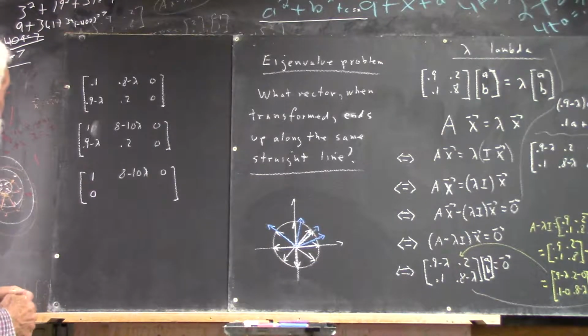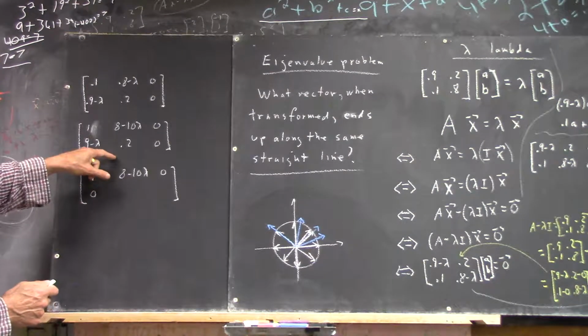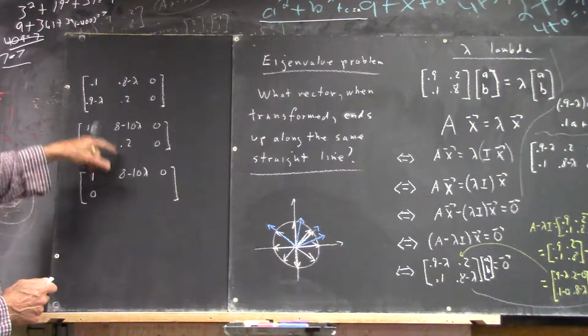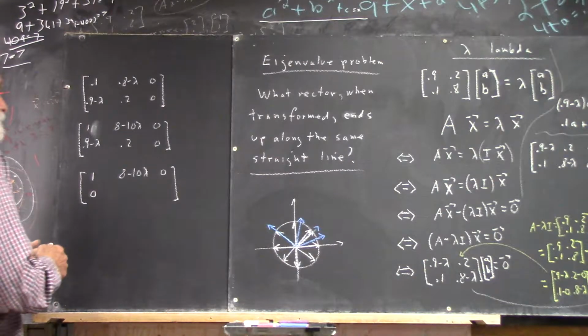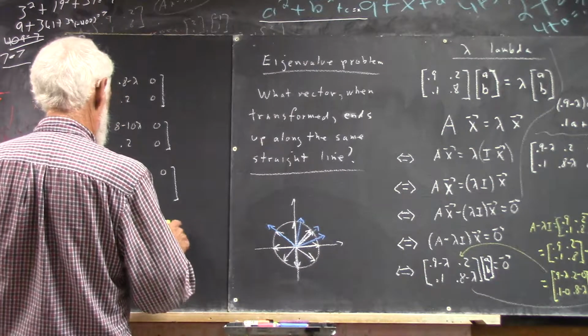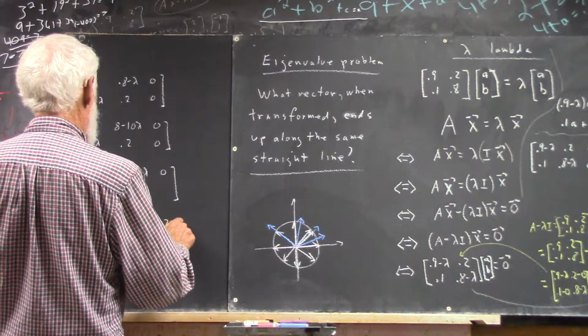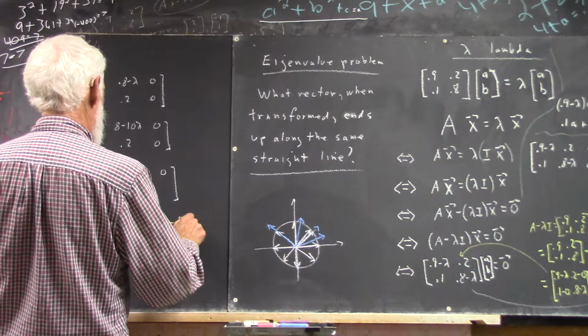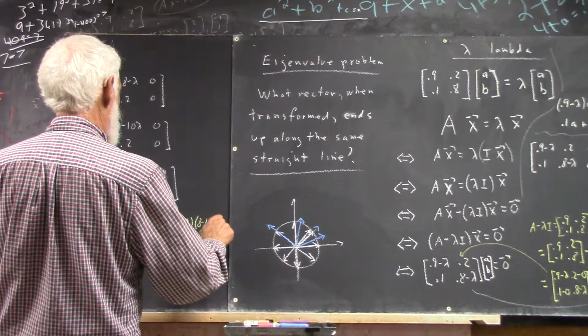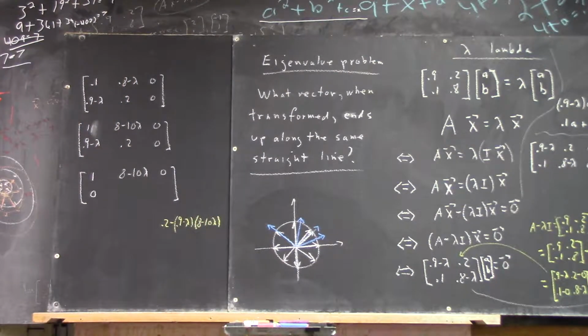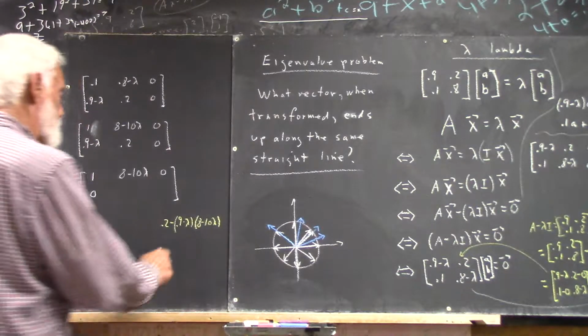Okay? When I do that, then what I'm going to have is the 0.2 minus (0.9 minus lambda) times this, right? So I'm going to write that down over here because it's kind of cumbersome. And I'm going to expand this.